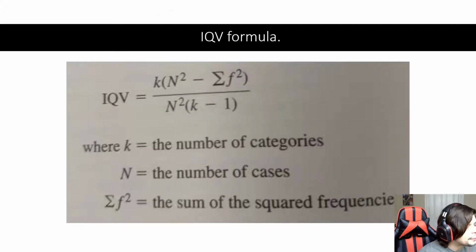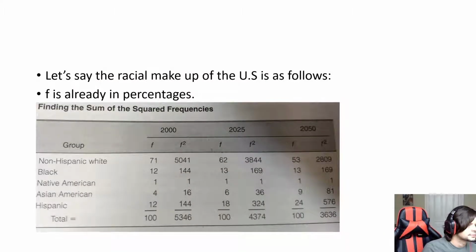Here's your IQV formula. I will give you an Excel sheet that I pre-made that you can access on your own without having to do this mess. So let's say the racial makeup for the U.S. is as follows. It's already in percentages. Non-Hispanic white, black, Native American, Asian American, Hispanic are your nominal categories.